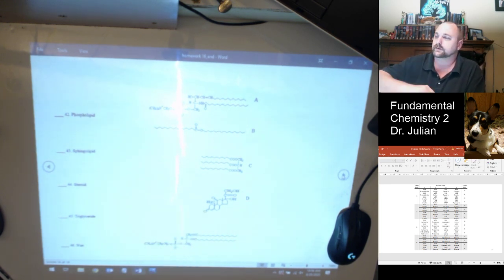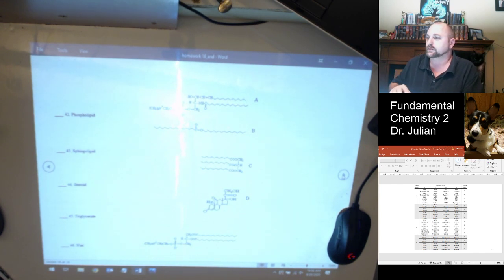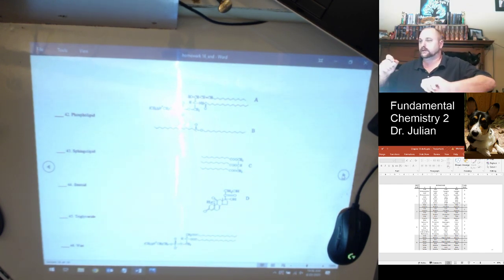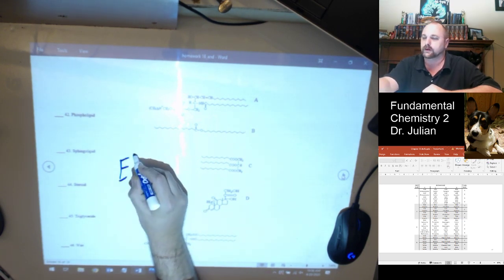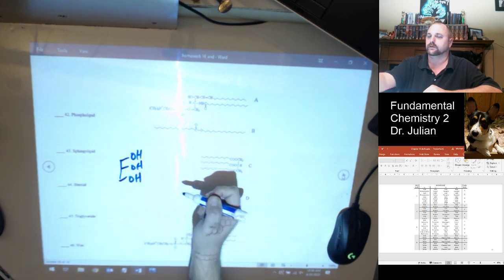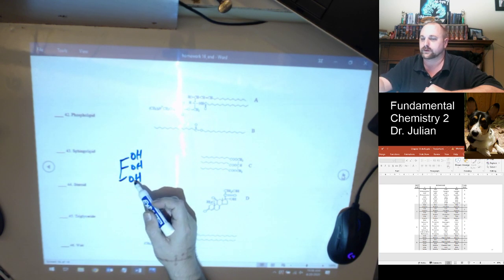Alright, so the next ones, we're matching. I've got a series of different lipids here, and this is sometimes the hard part. So let's remember, this is glycerol. If it's a glyceride, it's based off of that structure.